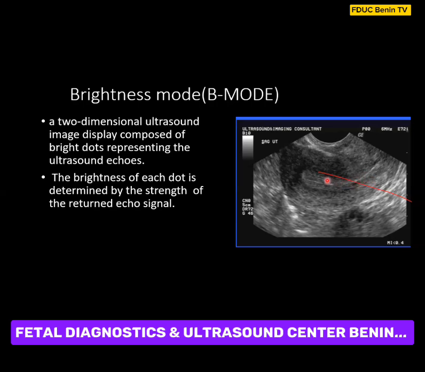The brightness of each dot is determined by the strength of the returning echo. When you see something very bright, that means much echo was returned. When you see somewhere a little bit dark, the echo returned is not much. This is very important. We call it brightness mode, B mode, or some machines call it two-dimensional mode.